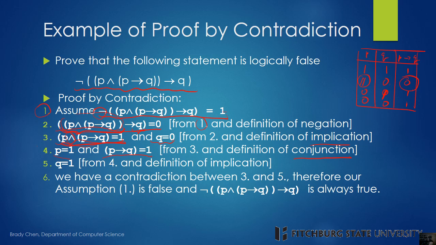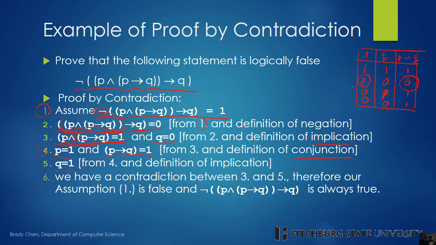So we get from 4 that P is 1 and P implies Q is 1. In that case, Q must be 1, because if P implies Q is 1 and P is 1, Q must be 1. If Q is 0, it doesn't matter what P is, the result is always 0. So if this is 1, Q must be 1.